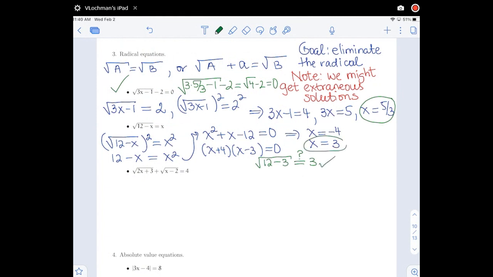Okay, let's check the other one. 12 minus negative 4, is that equal to negative 4? What do you guys think? Is it? Actually, maybe, yeah, it's 16. So yeah, that's right.